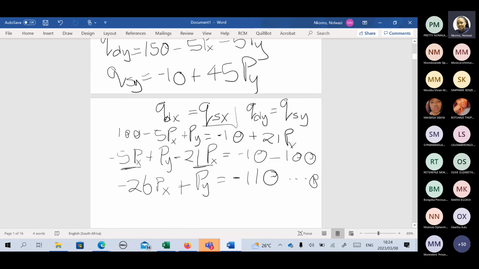Okay, we can make this equation 1, and we still have to use the other condition, which is the demand for product Y equals the supply for product Y, right?